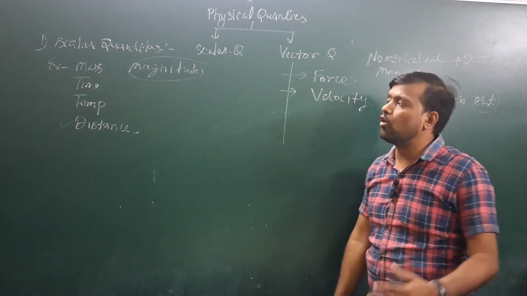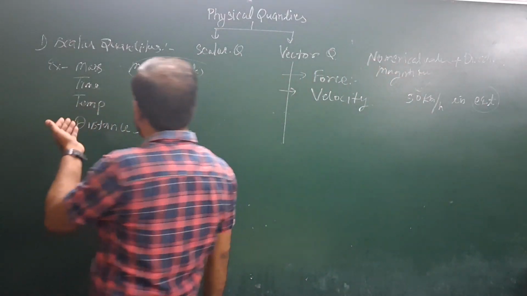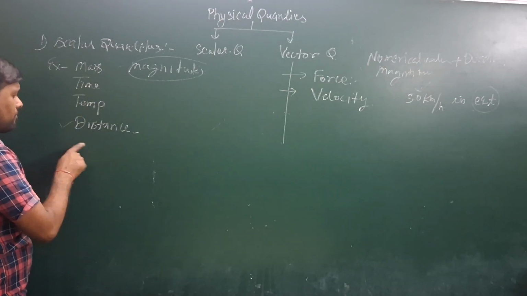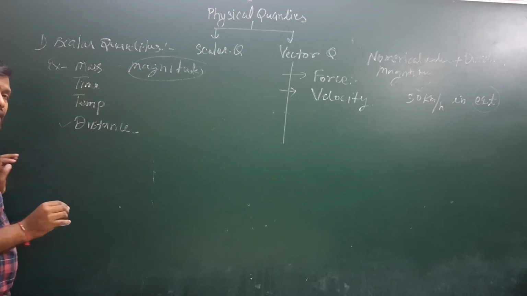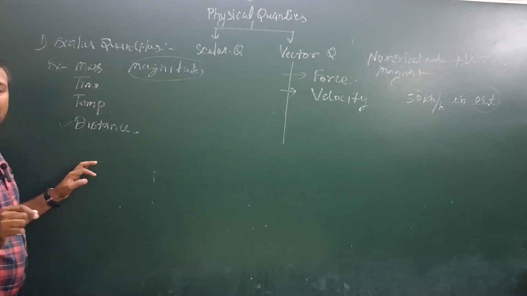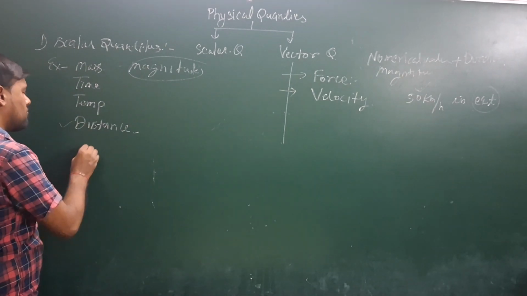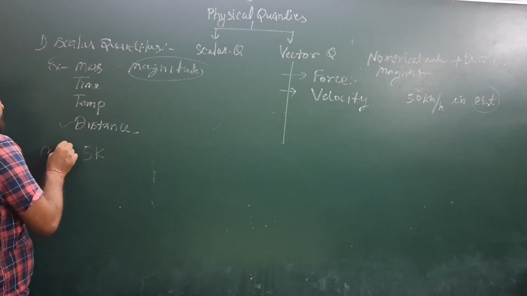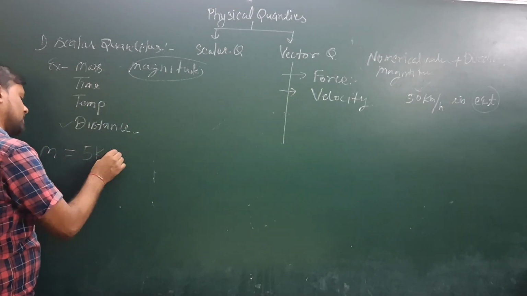And there are more differences between scalar and vector. Scalar quantities are represented by simply a number, only magnitude, like 5 kg. It is a mass, so we write m = 5 kg.